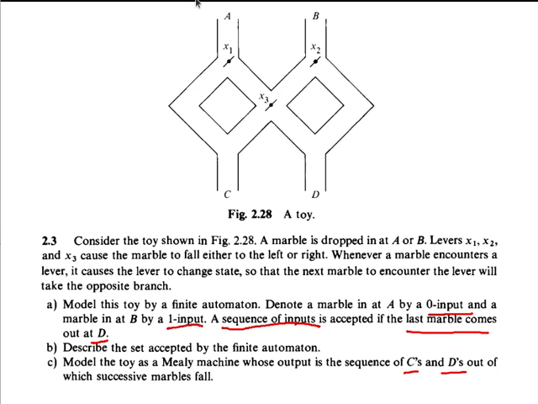So you drop a marble, and if it leaves through C, it immediately outputs C. If you drop it here, it outputs D. So after each input, the input is either 0 or 1, you get output which is either C or D. So the output alphabet is C, D. So the task is to construct a Mealy machine with that sort of output alphabet.